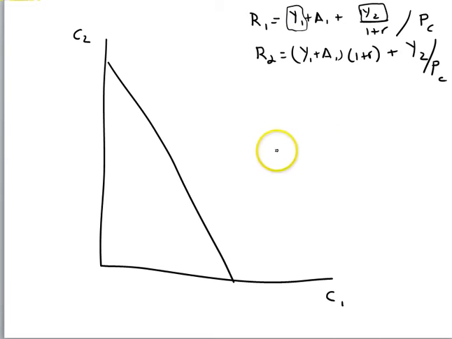Well, if prices are constant through time, we know that the slope of the budget line is negative (1 plus r), so that doesn't change, which means that if income increases regardless of the year, you're going to see a parallel shift out in the budget line.